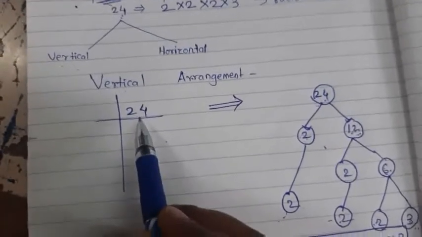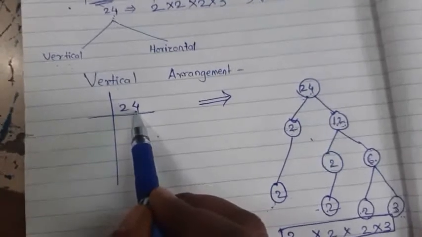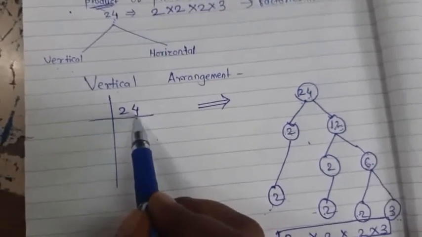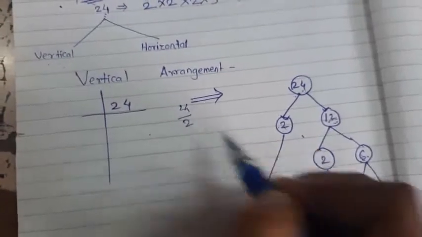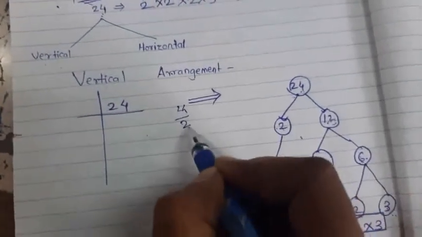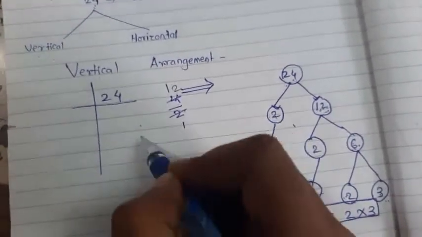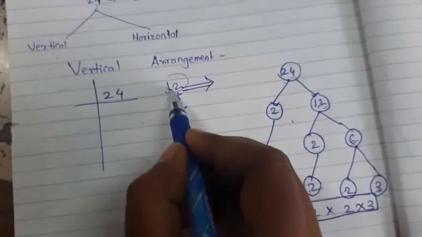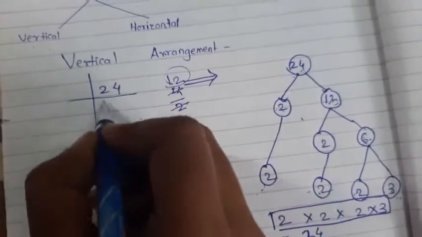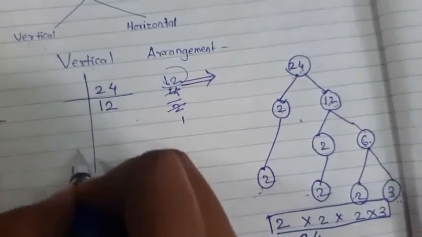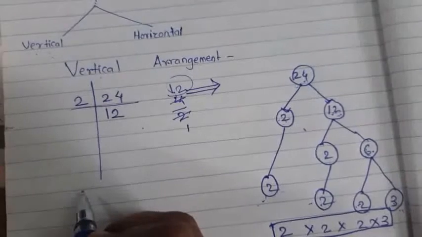So we will start with 2. Is 24 divisible by 2? Yes. If we divide 24 by 2, what will be the answer? 2 ones are 2, 2 twos are 4. So the answer will be 12. Whatever quotient comes, we have to write here, and 2 will be written here.